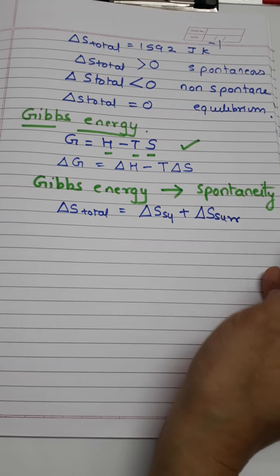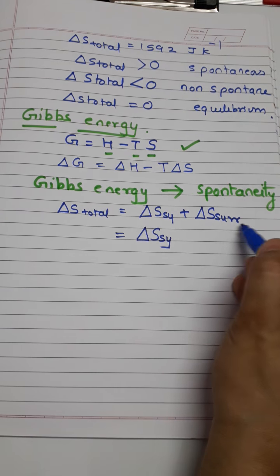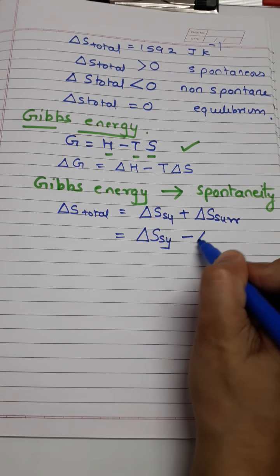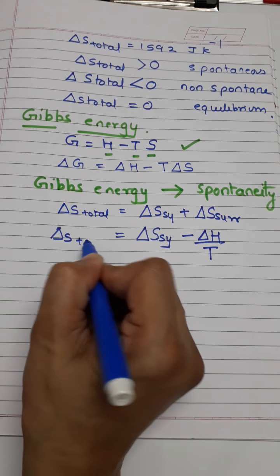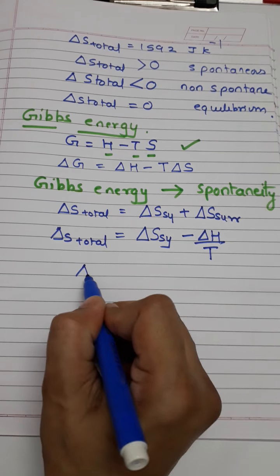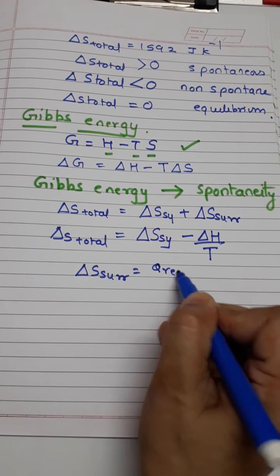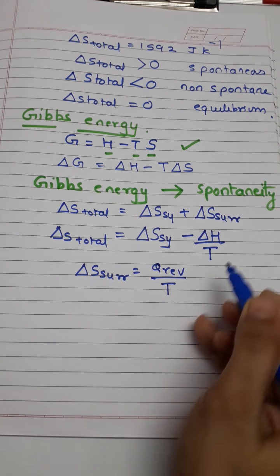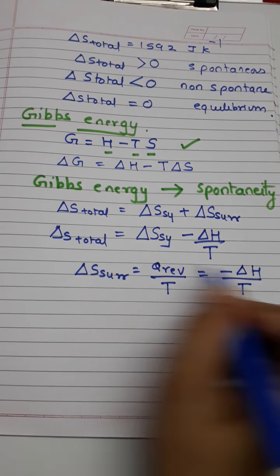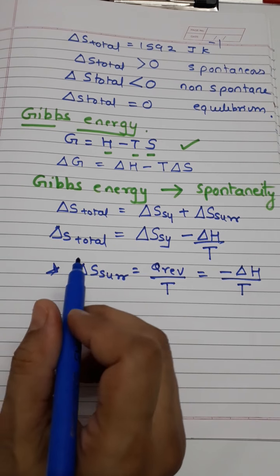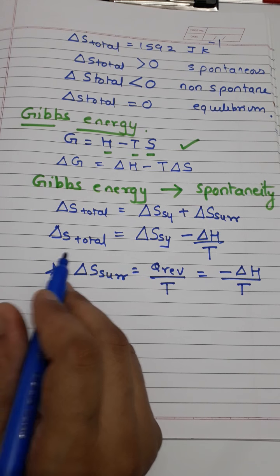Just now we saw that the formula for entropy change of surrounding, delta S surrounding, which we have seen in our previous video, is Q reversible upon T, which can be written as minus delta H upon T. Please remember this, as you will not get this particular expression explained in your textbook and all.